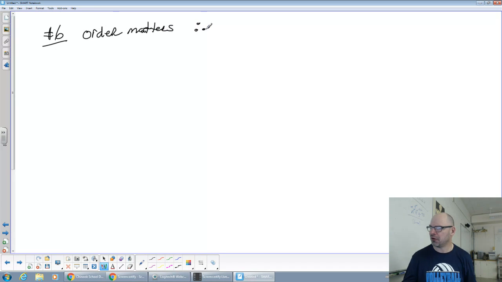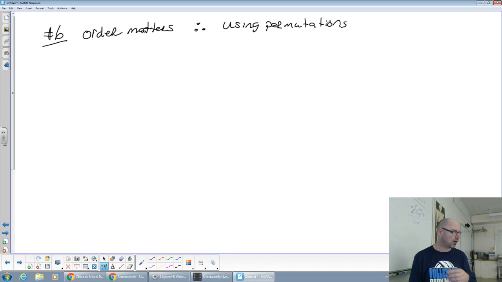Therefore, you're going to be using permutations. Now, there's a couple of different ways we can do this one, of course. You could kind of figure it out by counting it through. Permutations will work if you use the blanks, but you can also use the permutation formula.